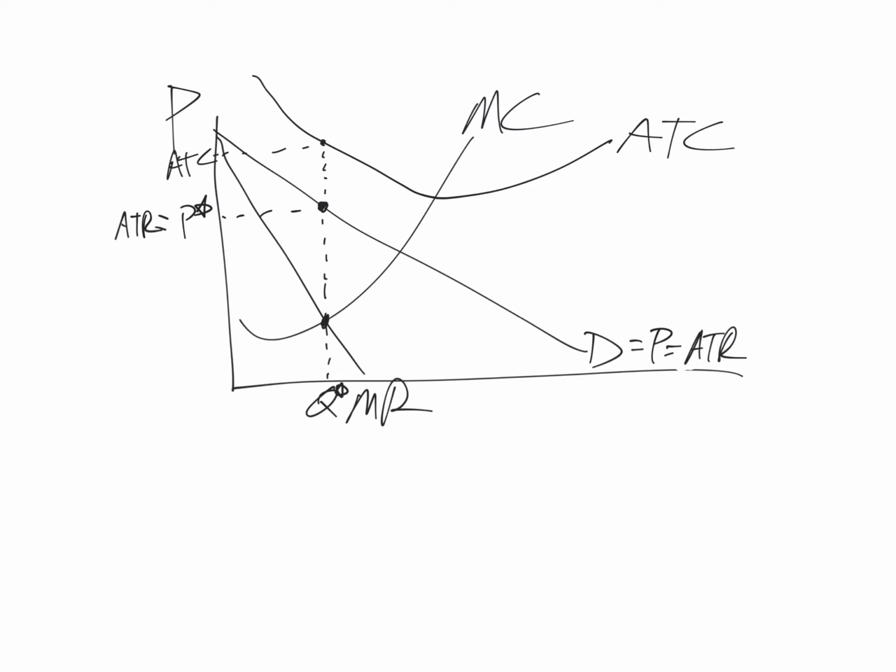Okay. Are they going to shut down in the short run? Well, it depends on where the average variable cost curve is. Let's say that's here. And again, you start here with the quantity, and then you go up and pick them off. Okay, this quantity, average variable cost is right there.